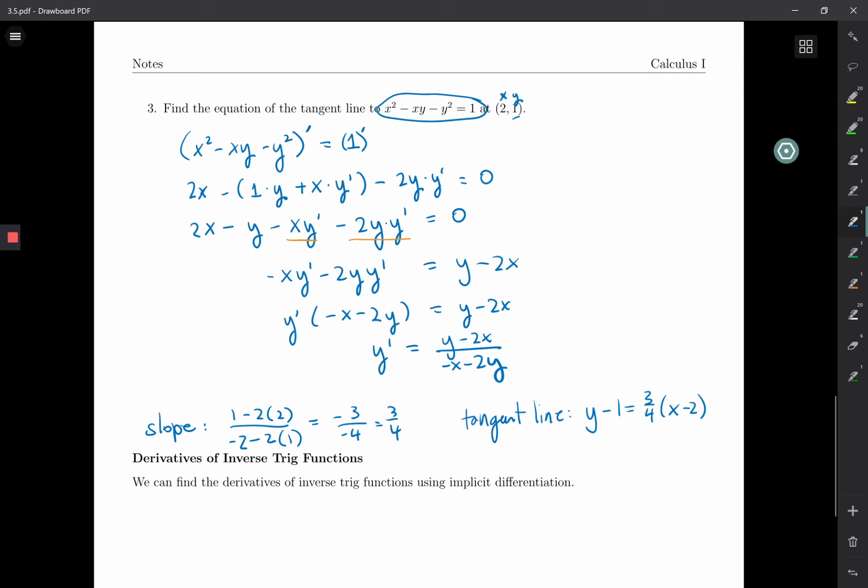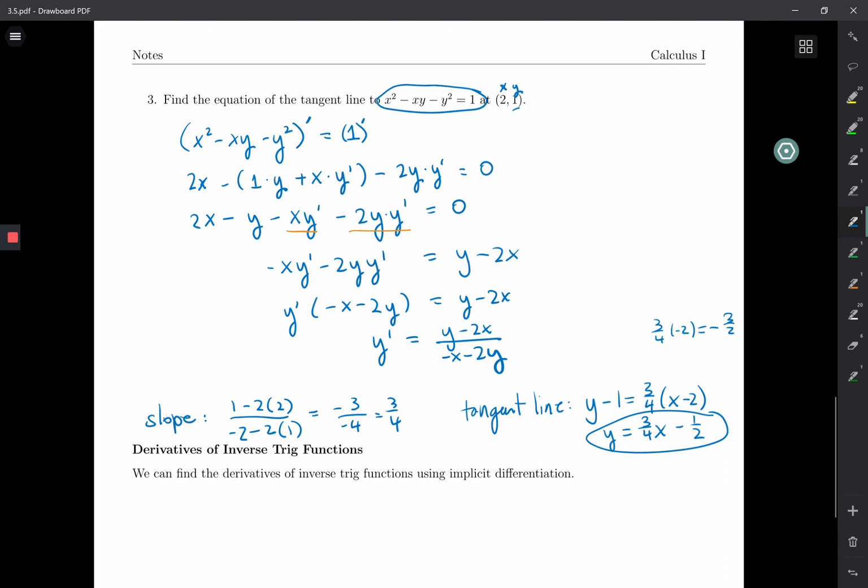And if we want to write this in the standard form, we can just move this over. 3/4 times negative 2 is negative 3/2, right? And then we add 1, so this would be minus 1/2.